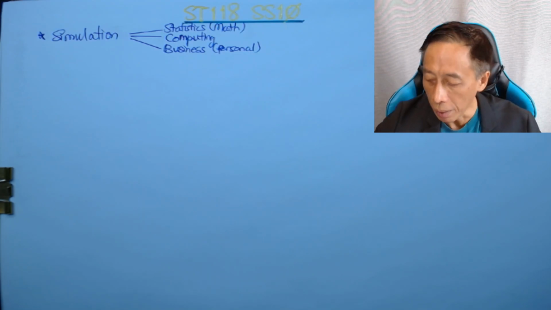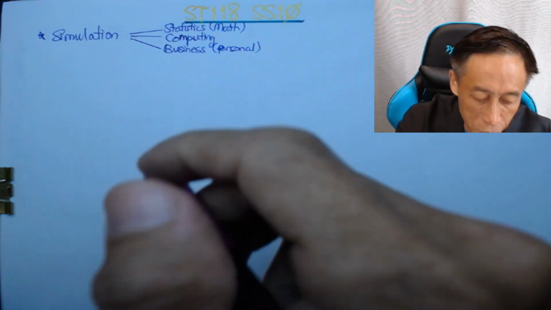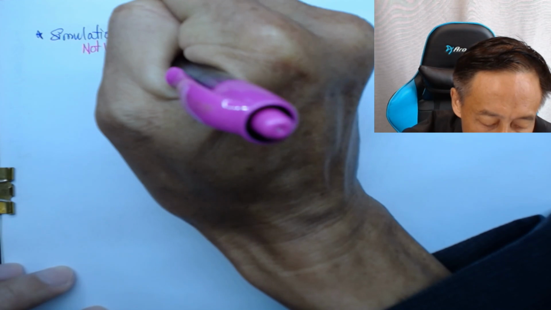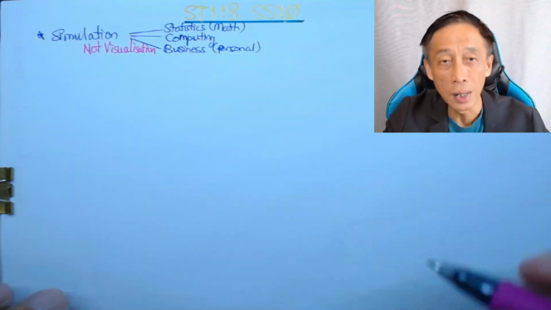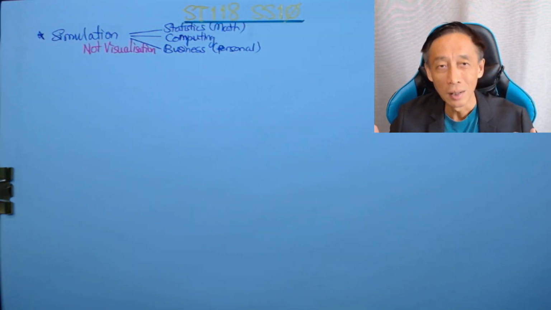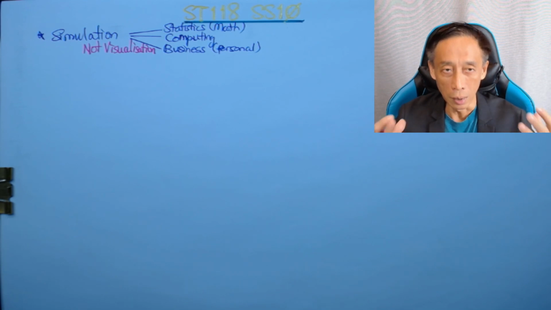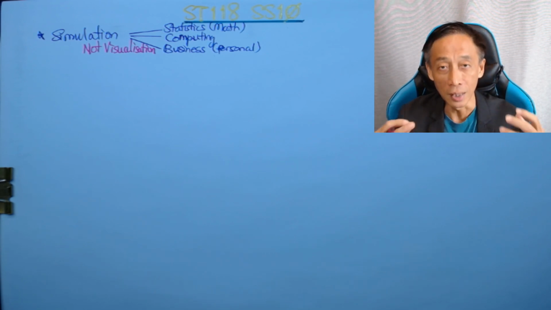And before I continue, let me just clarify that simulation is not visualization, because visualization just tries to produce a visual image, or a time-based visual image, like a short movie or animation, for us to understand the data better.